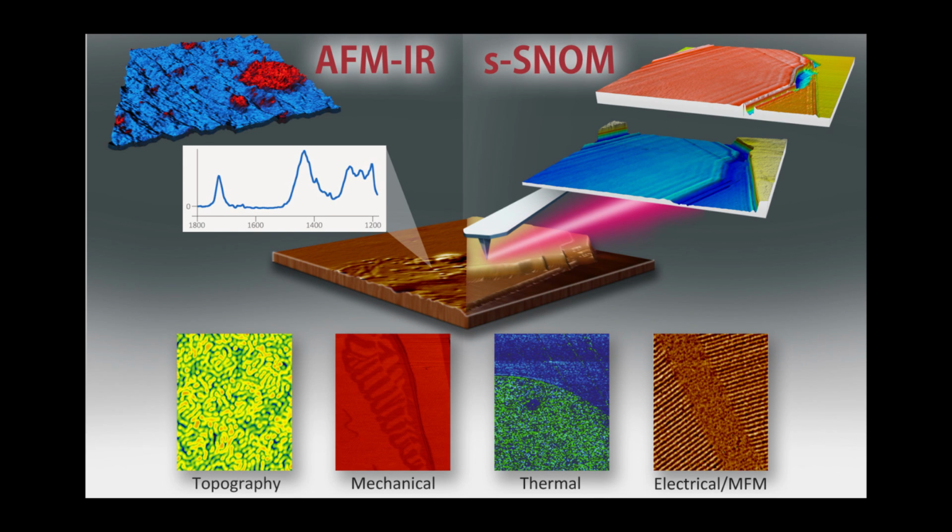So in relationship to TERS, AFMIR is much simpler. The probes that we supply work well, and we expect all the probes to generate some enhancement and some AFMIR signal to give you the spatial resolution of the technique. So in that sense, there are not significant limitations on the probe choice, and the probes are readily available.